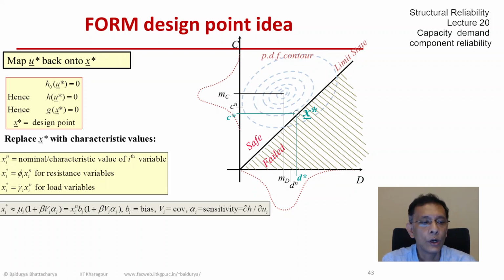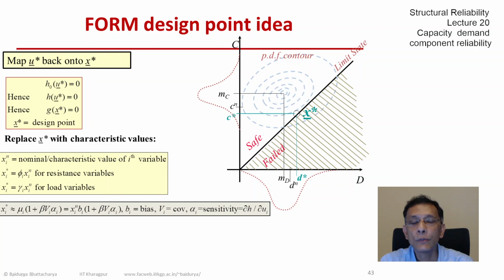And now we know that the x's can be expressed in terms of what we saw in the standard normal space, the independent standard normal space U, if we make certain substitutions.